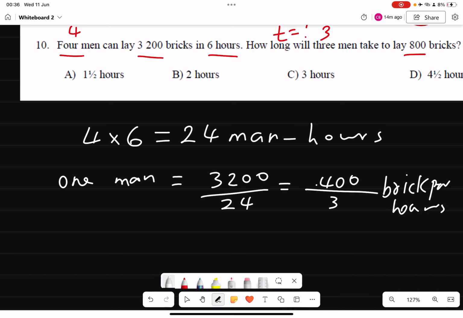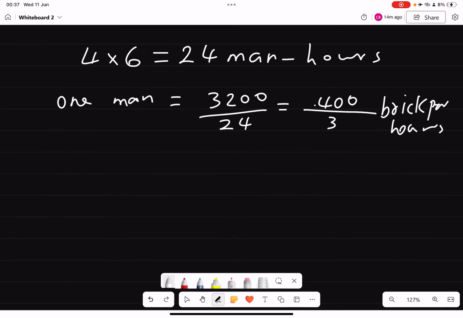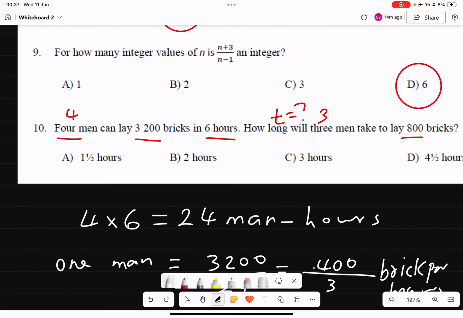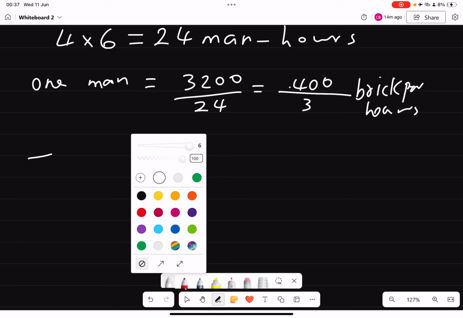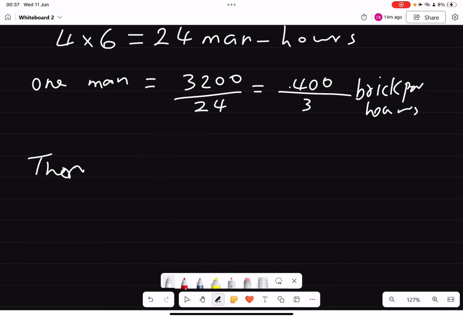Now, we want to know how many bricks 3 men lay in 1 hour. 3 men will lay 400 over 3, which is the bricks laid by 1 man, times 3.